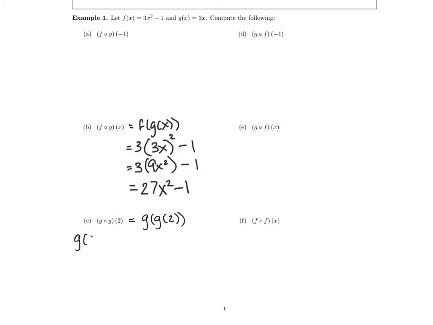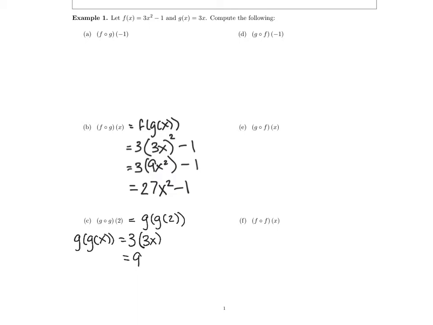So I can say that g of x, because I can plug a function into itself, is 3 times, and instead of x, it'll be 3x. So I have plugged my g of x into my g of x, giving myself 9x. So that's g of g of x.